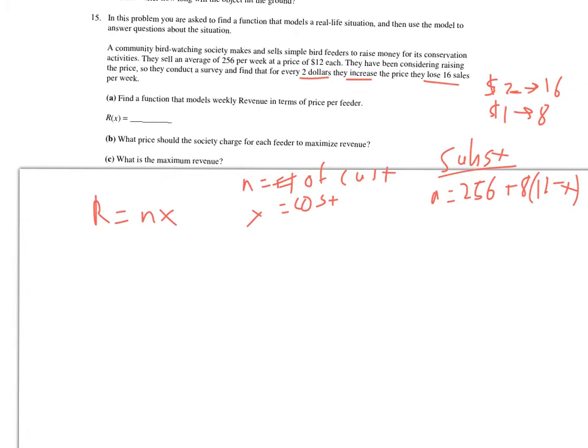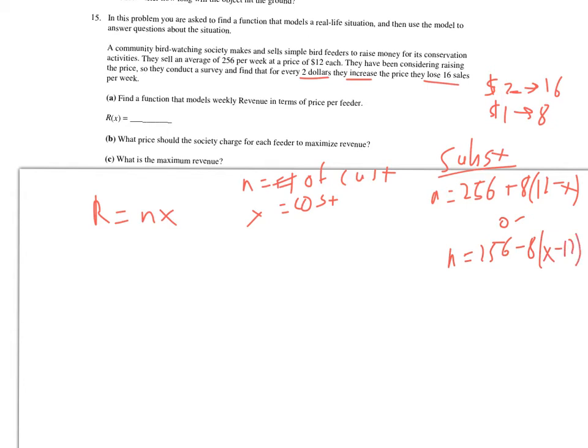So I'm going to put parentheses 12 minus x. So this means that if I make it $11, that means it's a $1 drop, which this parentheses turns into 1 times 8, meaning I get 8 more people. You can actually also do this the other way, which is we lose 8 customers, and then this would be us raising the price, because x would come first if we were raising the price.